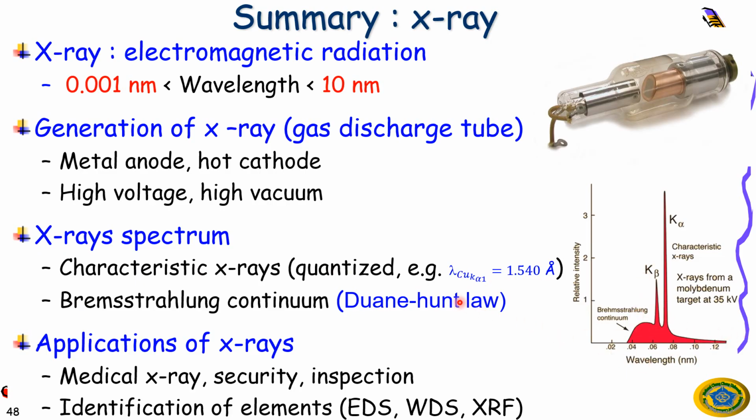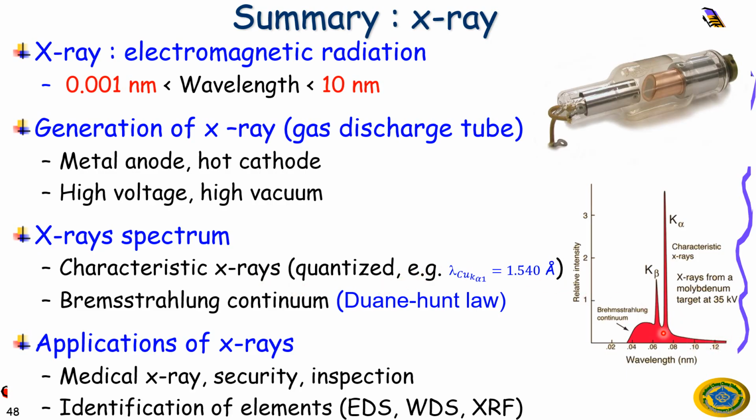For example, the wavelength of the copper K alpha 1 is located at 1.54 angstrom, somewhere here, right? It's different for other metals. In this case, molybdenum K alpha is here, and for the copper, K alpha is here. So this is the characteristic X-ray.